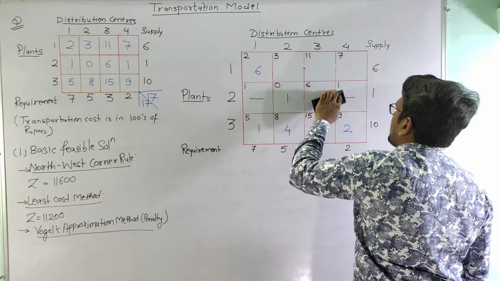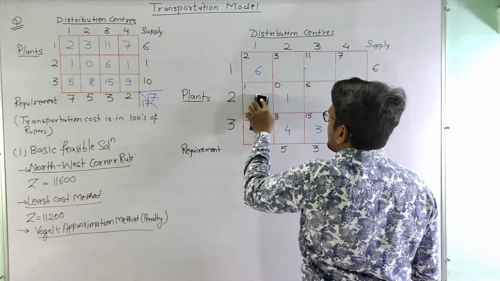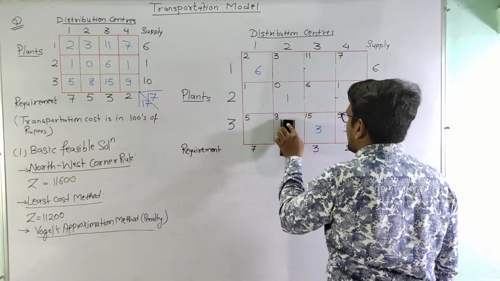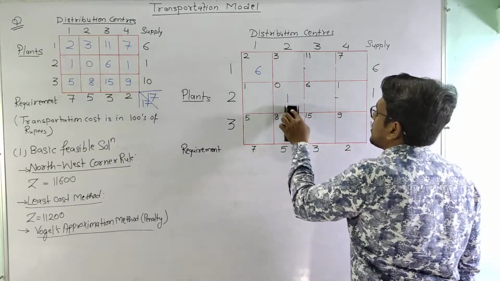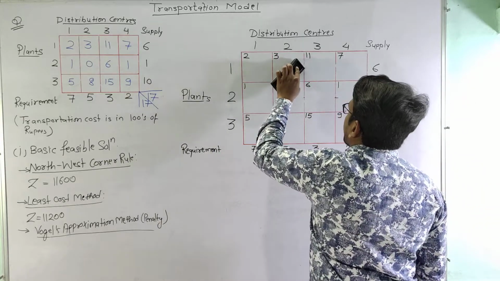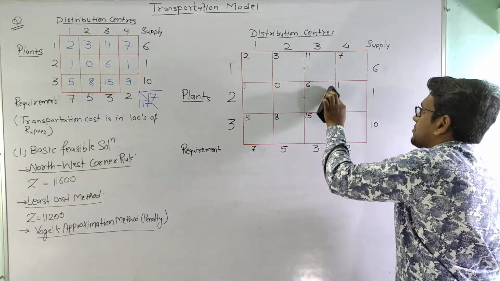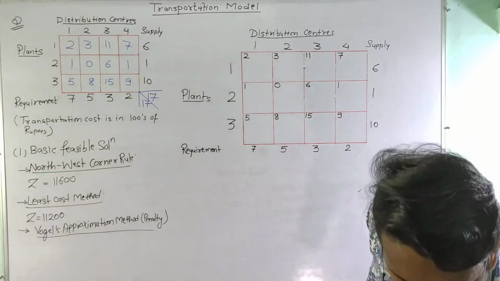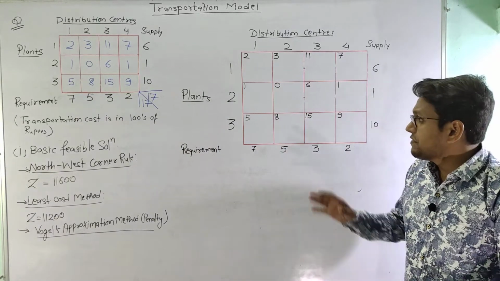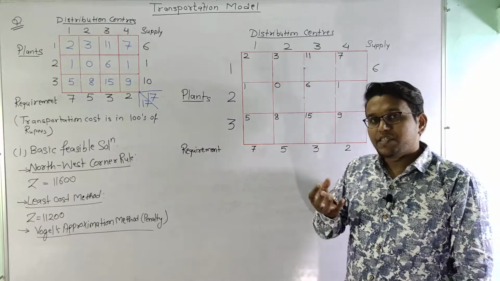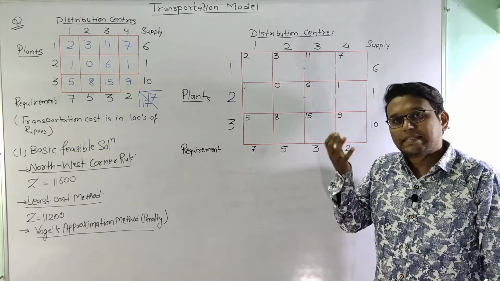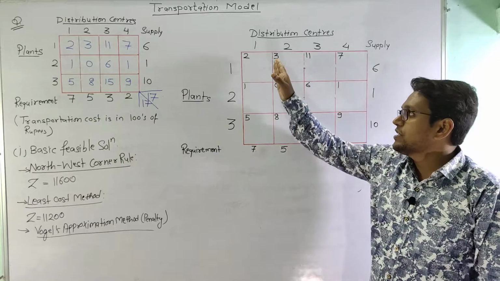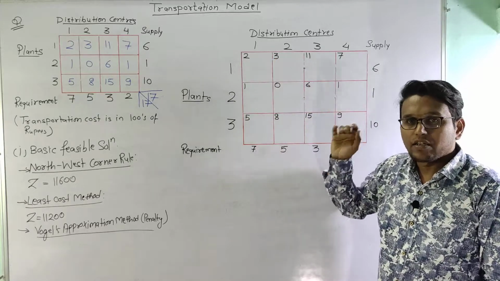So to solve by Vogel's approximation method, what we'll do is take the difference of the least value and the second least value in each row and each column.